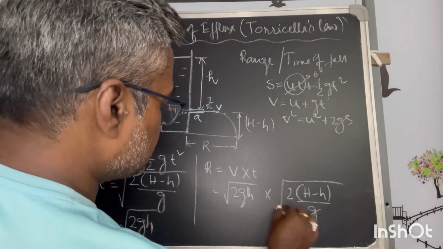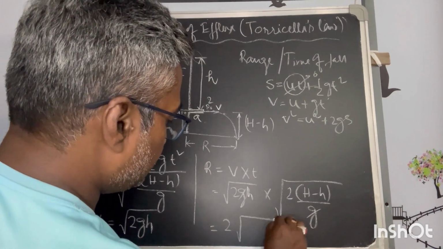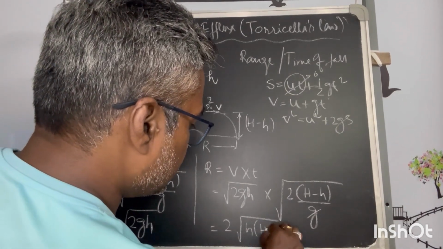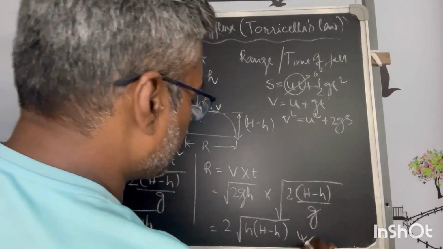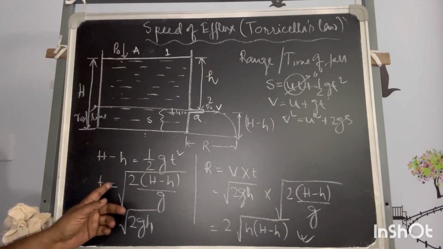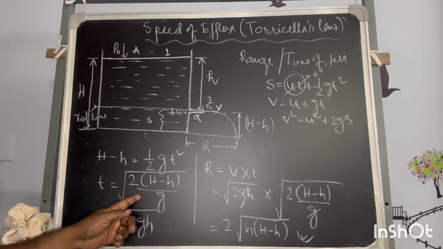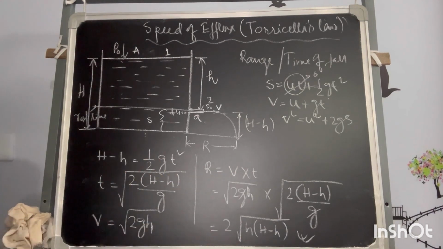Now the g is cancelled out, the 2 comes out, and the remaining is h into (H minus h). So this will be the range. Time of fall also you can calculate. This is the range, so all this you will find.